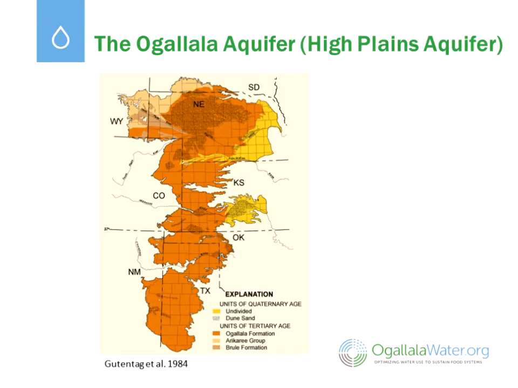So, quick overview of what the Ogallala Aquifer is. It is one of the largest groundwater aquifers in the world, and the Ogallala Aquifer is actually a sub-formation within the broader High Plains Aquifer.